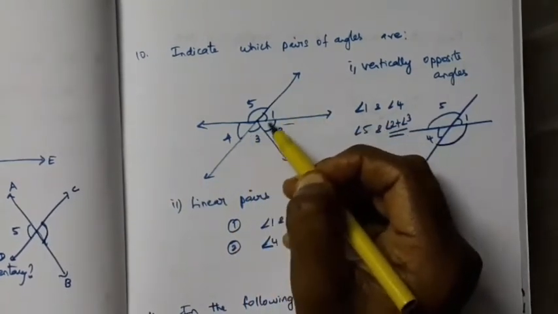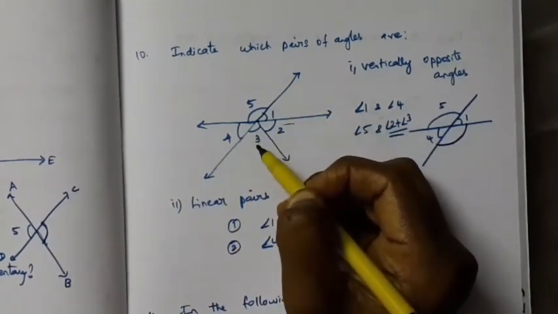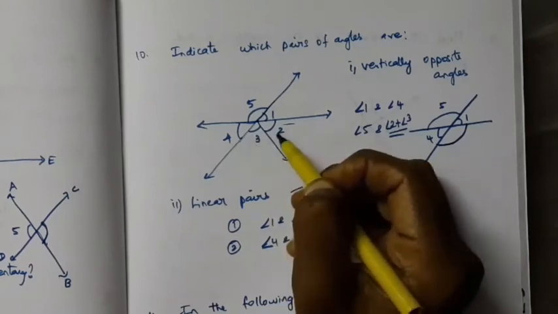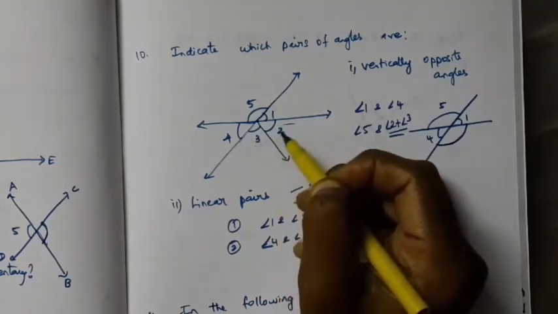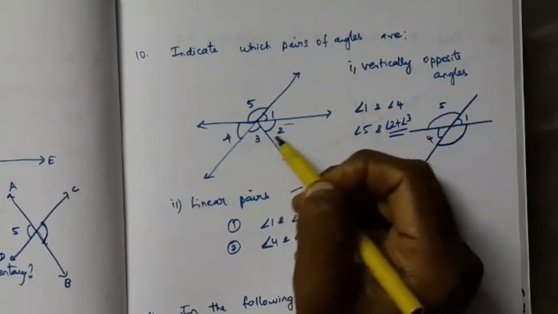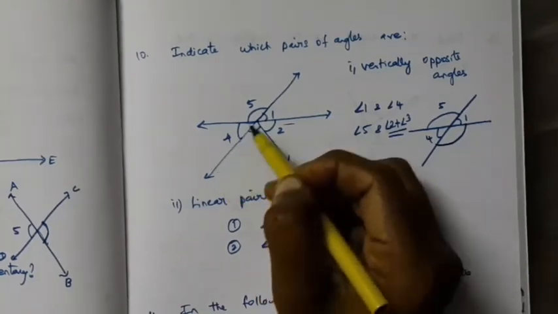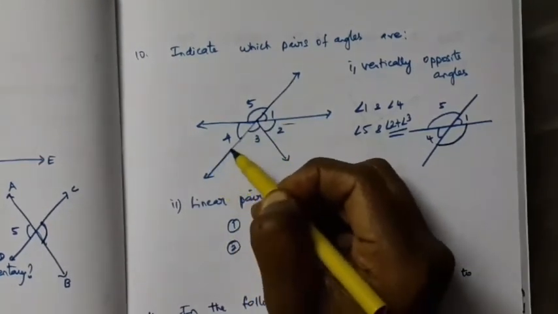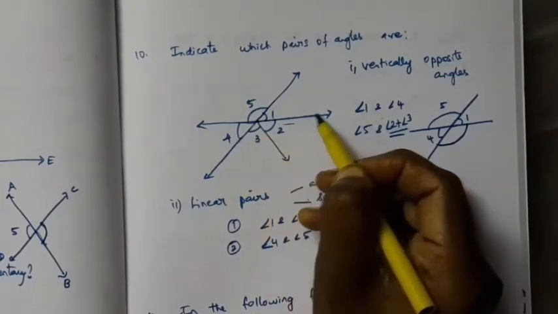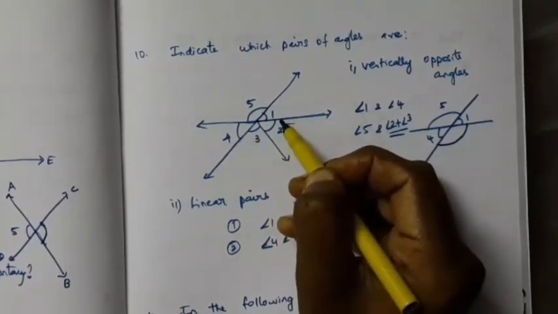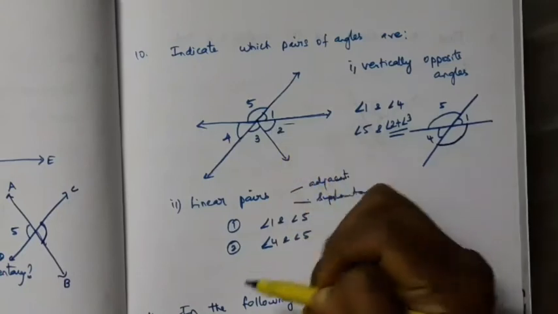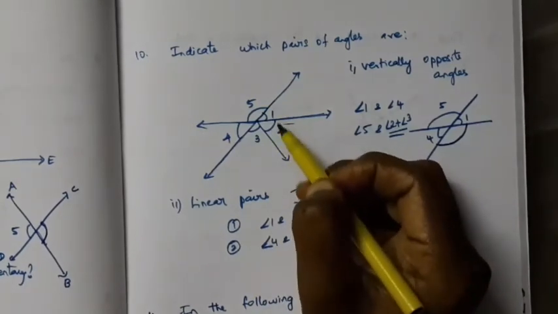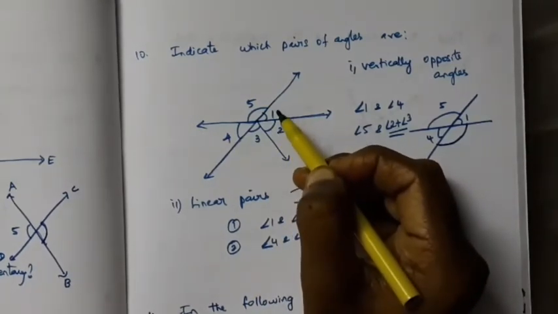But here, 3 and 2 are adjacent angles, but if you add 3 and 2, you will not get 180 degrees because this is not a straight line. The angle from here to here together is not 180 degrees, so they are not a linear pair. Similarly, 1 and 2 are adjacent but not a linear pair.